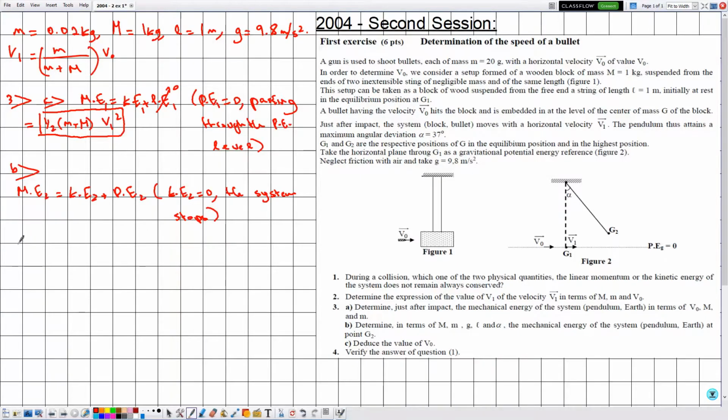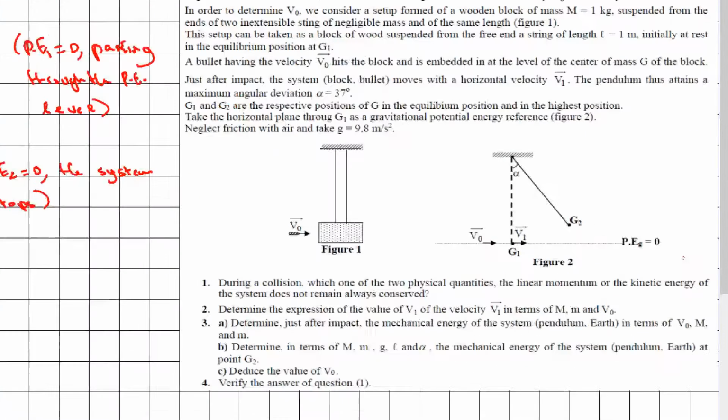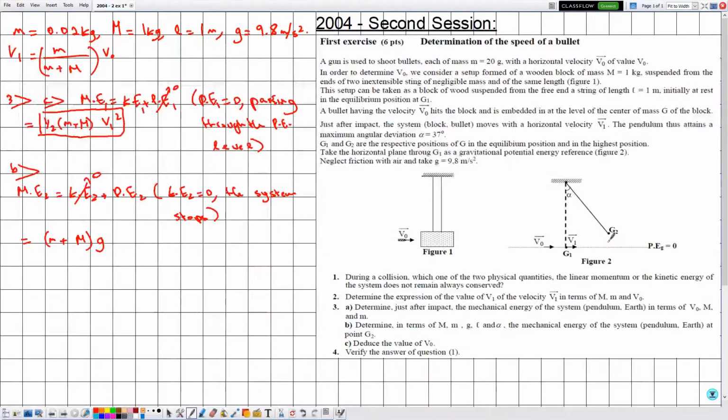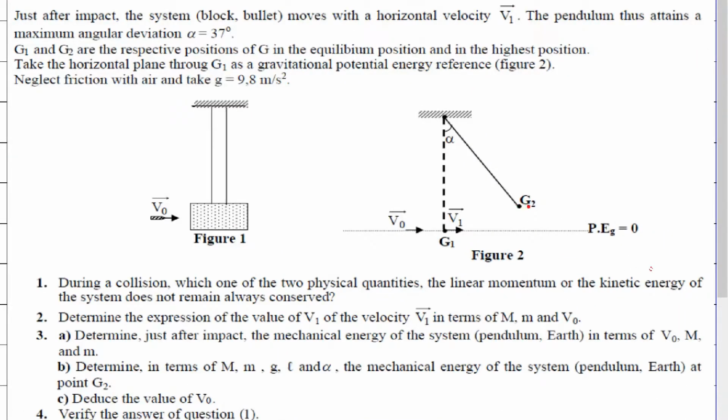So in this case, the mechanical energy is just equal to the potential energy at the point 2, which is given by the mass multiplied by G multiplied by the height. The mass that we are working with is small m plus capital M, multiplied by G multiplied by H2, which is the distance from the center of gravity G2 to the PE level.